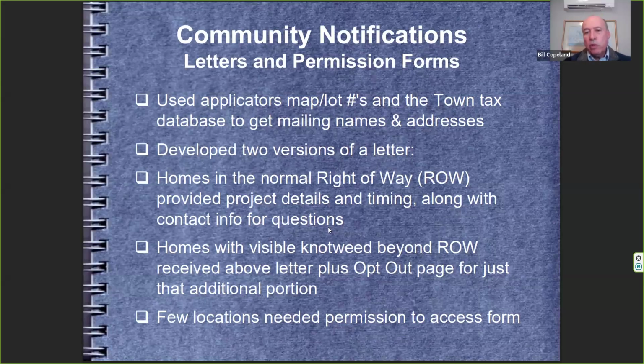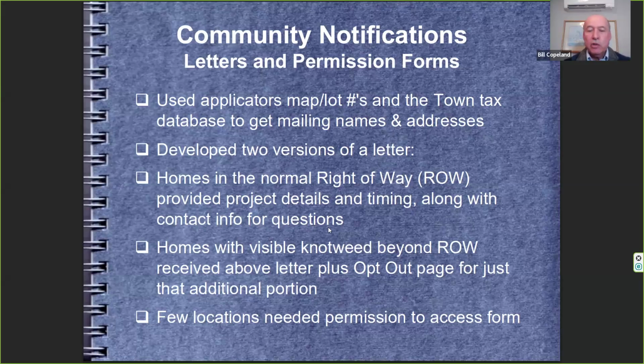So homes in what's termed in the normal right of way, and that can vary by town, but generally it's 25 to 30 feet from the center line of the road on each side of the road. We provided them with a very basic letter to say, hey, this is what we're doing this year. We're doing this in end of June. There'll be a long cutting, and then later in the summer they'll be back for spraying. And if you have any questions, here's my contact info for questions.